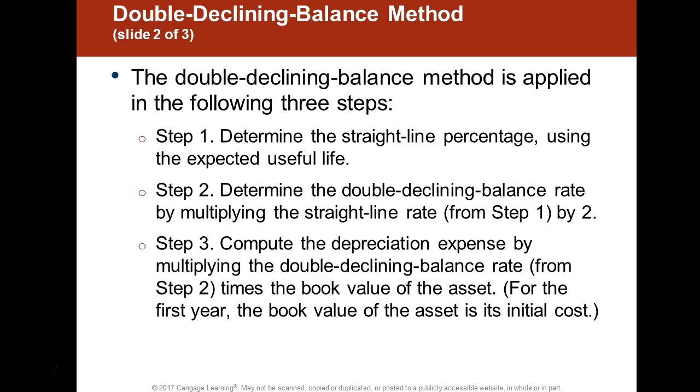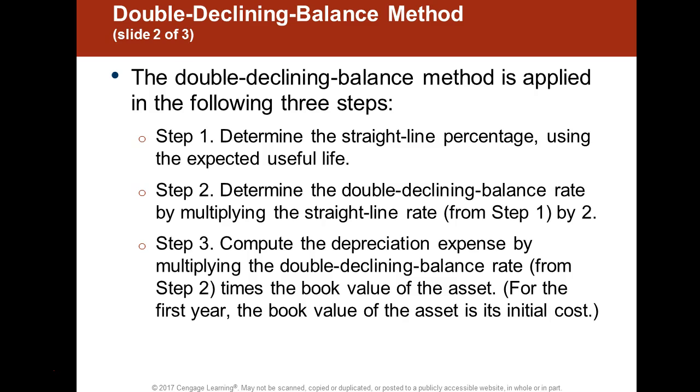Now, if we have a $10,000 asset and we have a residual value of $1,000, right now in the first year, the book value is $10,000. So I'm going to take 10,000 and multiply it times the rate I achieved, 0.4. And what I get is $4,000 of depreciation the first year.